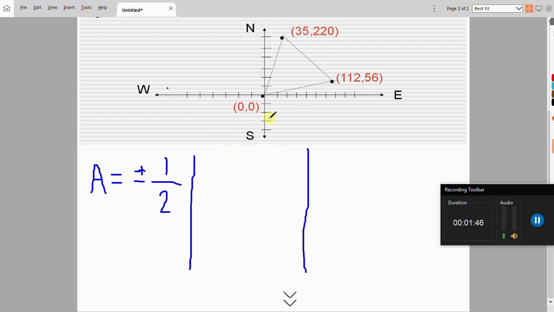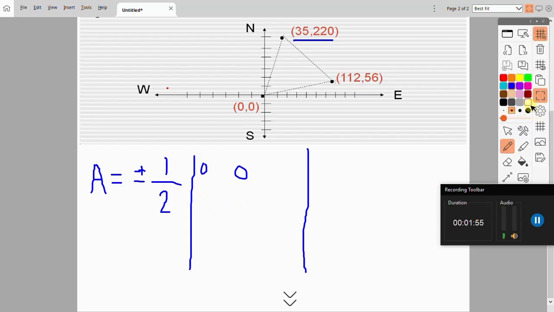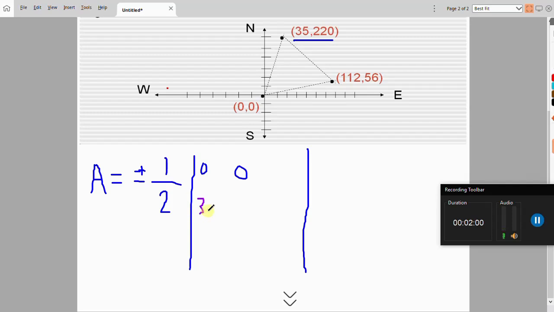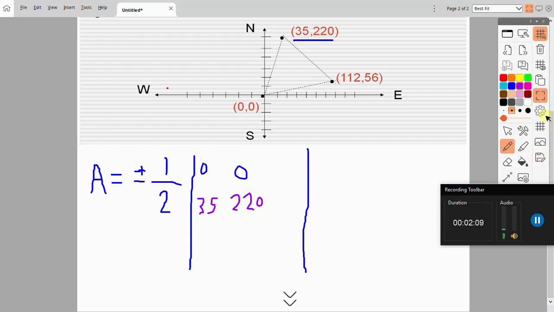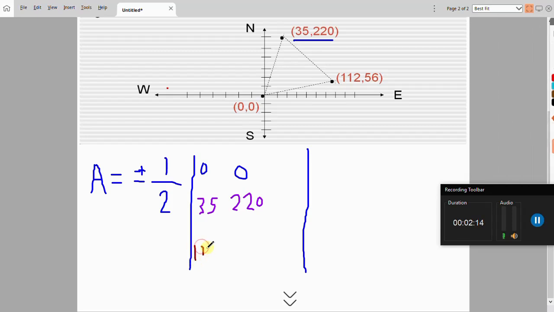So let's here start with (0, 0). Here the second point, with a different color, (35, 220), and the third point, which is (112, 56).